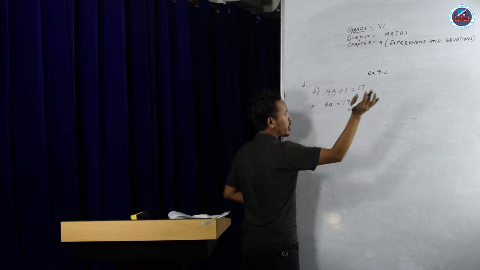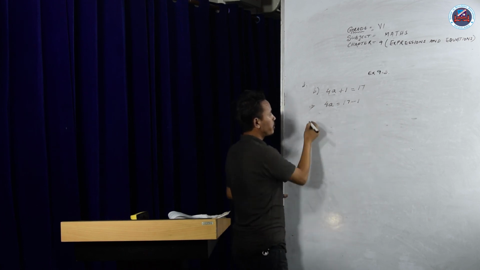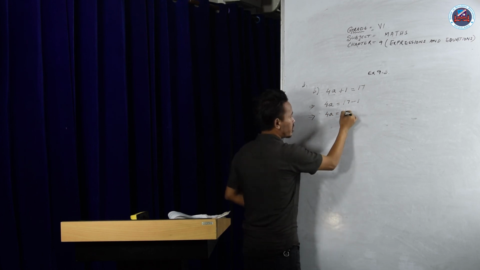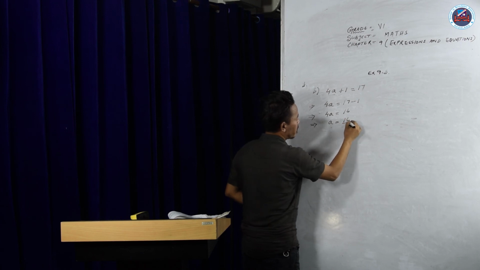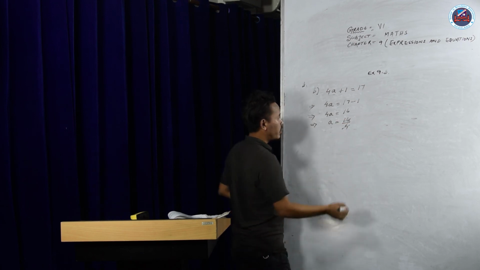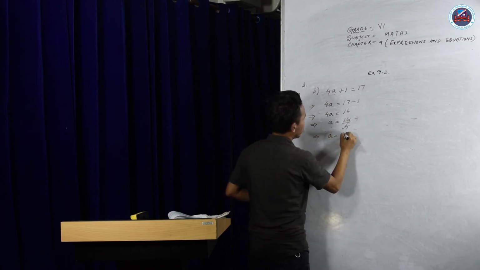This plus 1, when we transpose it to the right hand side, becomes negative 1, that is minus 1, correct? So here we get 4a equals 17 minus 1, which gives us 16, correct? So the value of a will be 16 upon 4, which is in the same table that can be divided. 4 times 4 gives us 16. So a is equal to 4.